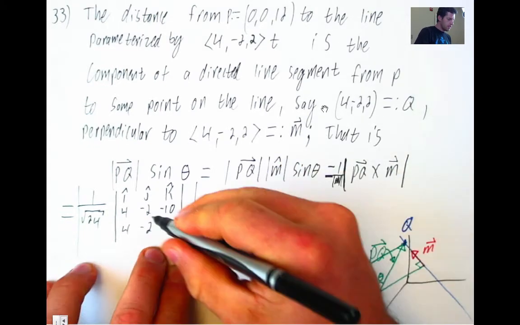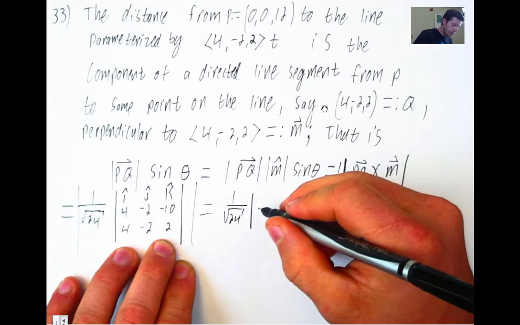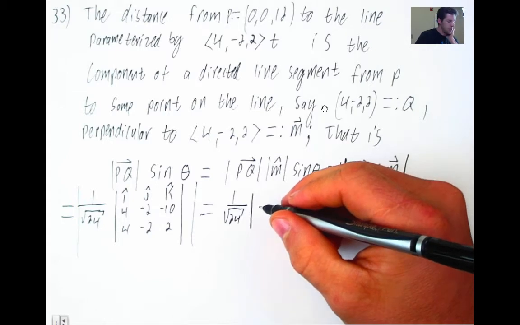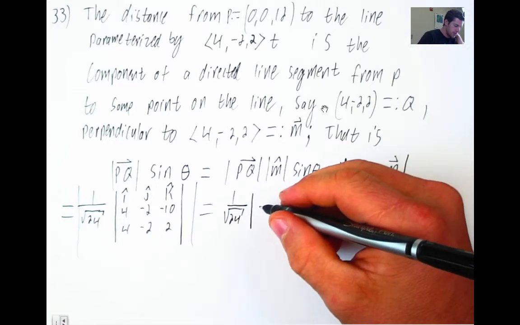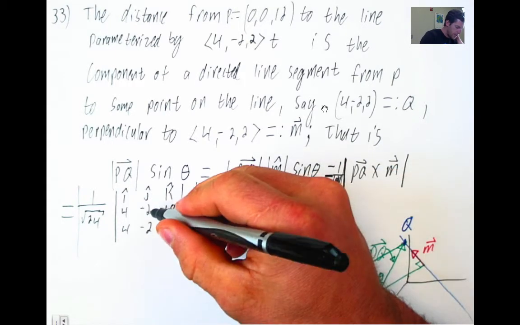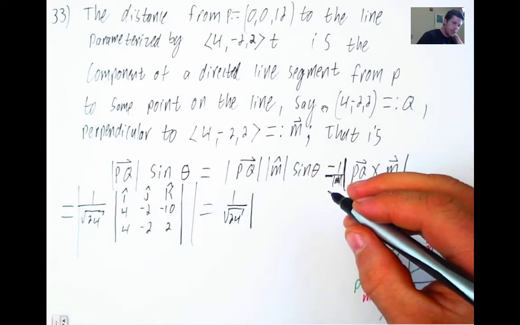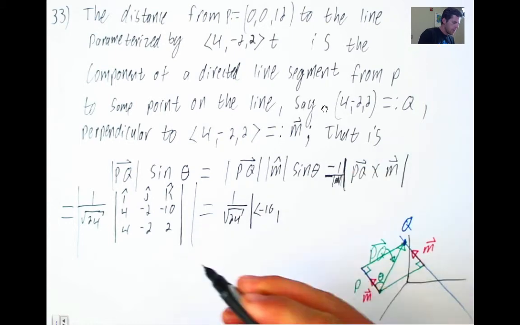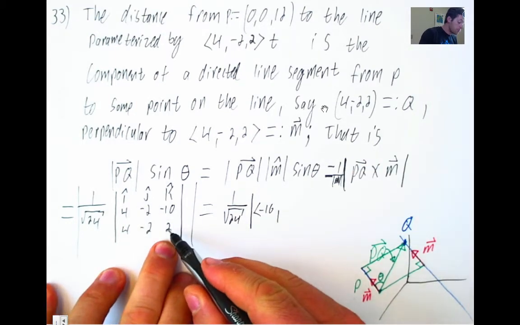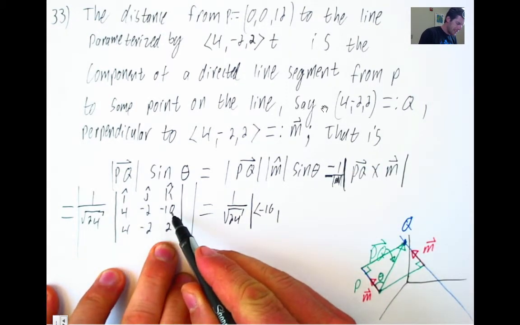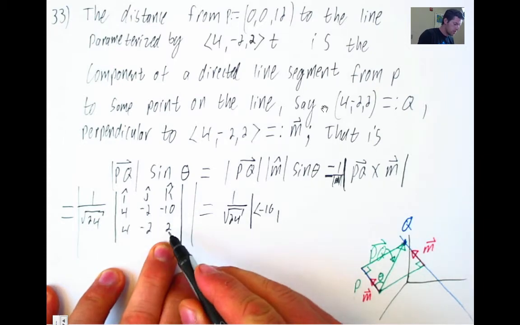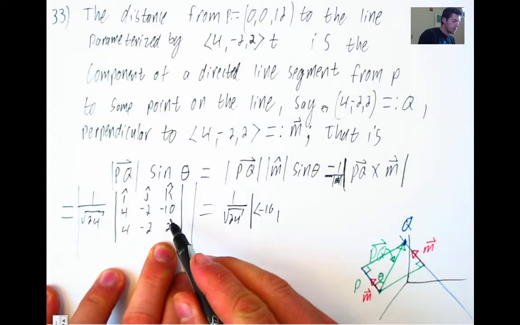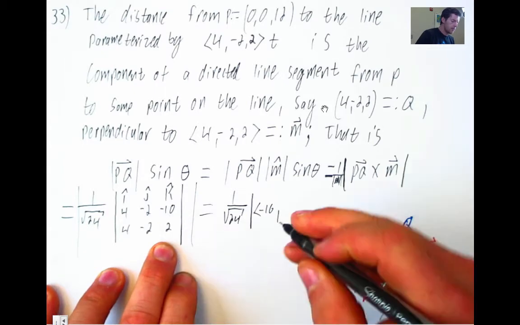Length of, let's see, -2 times 2 is -4, minus 12. Is that right? -4 minus 12 is -16 for the first component. Second component, 4 times 2 minus -10, so 4 times 2 plus 4 times 10. 4 times 2 is 8, and that's 40 to 48.